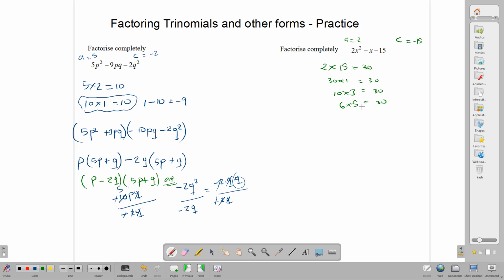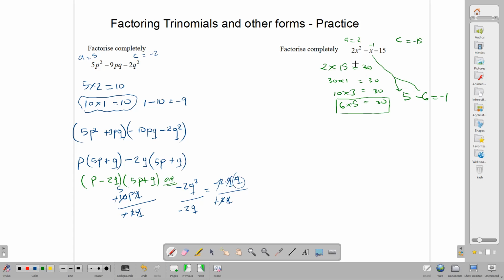Now we want to pick the pair of numbers that can give us negative 1, as the term here has a coefficient of negative 1, negative 1x. This pair of factors can give us that negative 1. It can give us a negative 1 if we say 5 take away 6 equals negative 1, which means that we're going to rewrite our negative x in terms of 5 and negative 6.